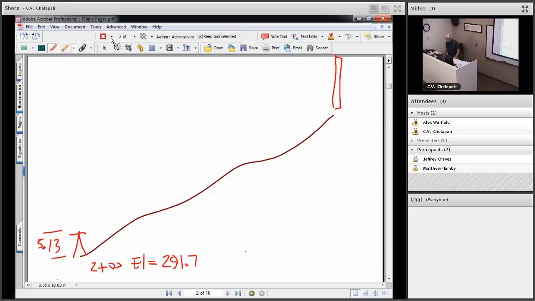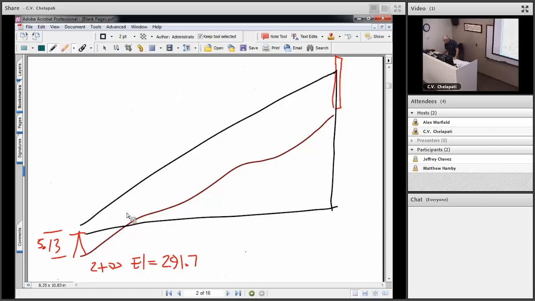And we want to determine H and V. Okay? And we also know that this vertical angle here is 1 degree and 56 minutes. Okay, everybody see the picture there?